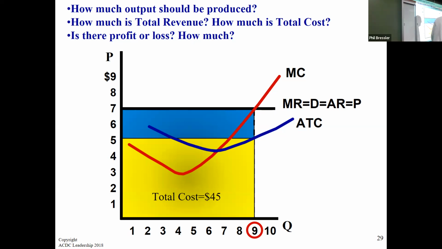Now, on the opposite end, if his friend was producing 11, I want to get to the profit maximizer, I want to produce less. Anytime marginal revenue is greater than marginal cost, we're going to produce more. Any questions on that? They love asking that question.